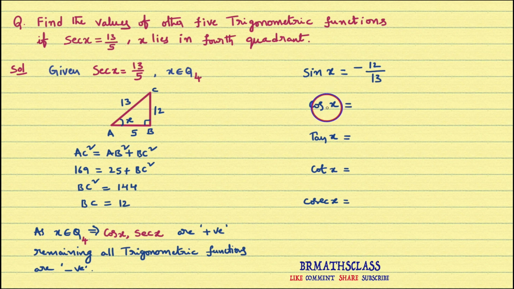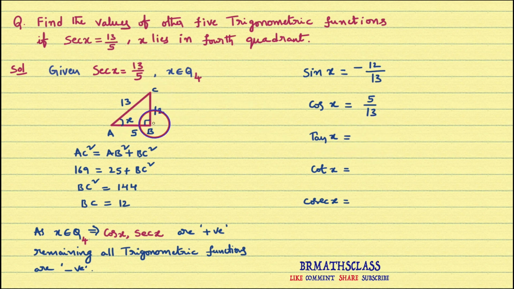Now cos x. The cos x definition is adjacent side by hypotenuse. The adjacent side, as per the diagram, is 5. The hypotenuse is the side opposite to 90 degrees. So 5 divided by 13. As x lies in the fourth quadrant, cos x is positive. So cos x is 5 by 13. Now tan x. The tan x definition is opposite side by adjacent side.